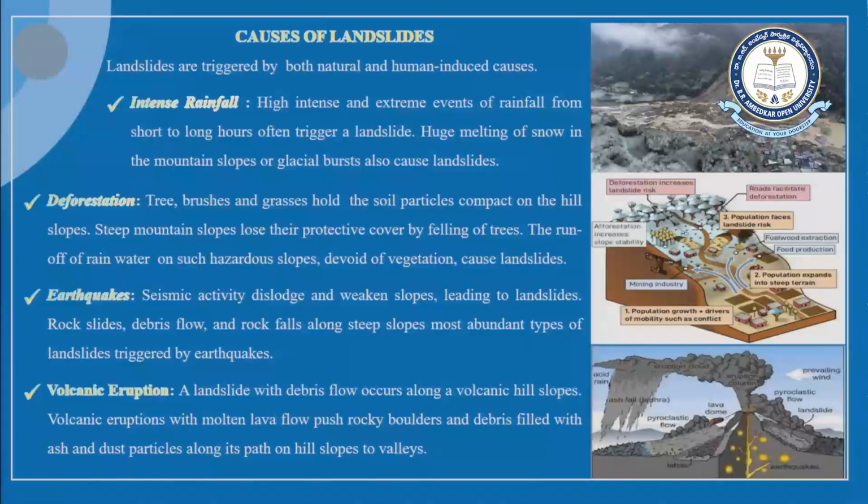Deforestation: trees, bushes and grass hold the soil particles compact on the hill slopes. Steep mountain slopes lose their protective cover by felling of trees.